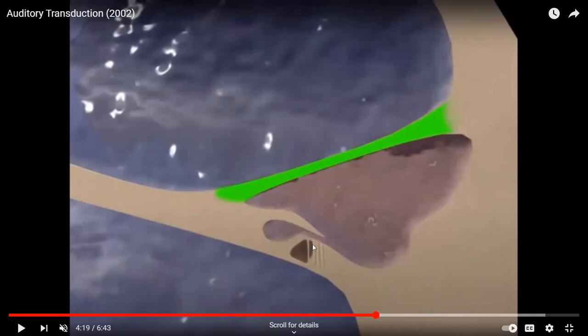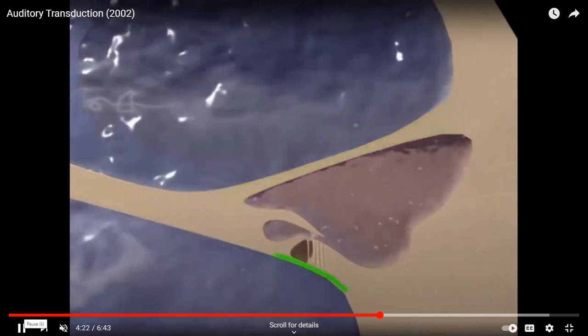You see the tectorial membrane, you see the organ of Corti, and once we see the jiggling of this entire cochlear duct, we'll be zooming in at very high magnification on the hairs and the hair cells. So let's take a look at this jiggling first.